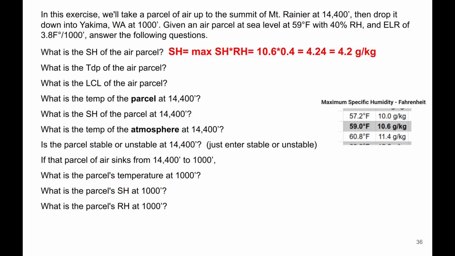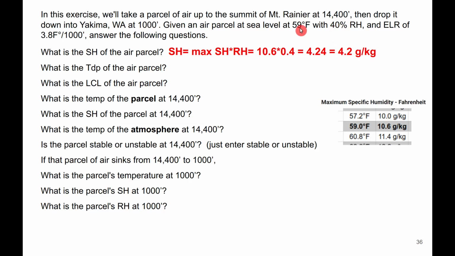The specific humidity is the first question. What's the specific humidity? We're going to open up the Lab 6 handout and go to the specific humidity section. We are given a temperature and a relative humidity. If the relative humidity is 40% at 59 degrees, we know the parcel has 40% of the maximum at 59 degrees.